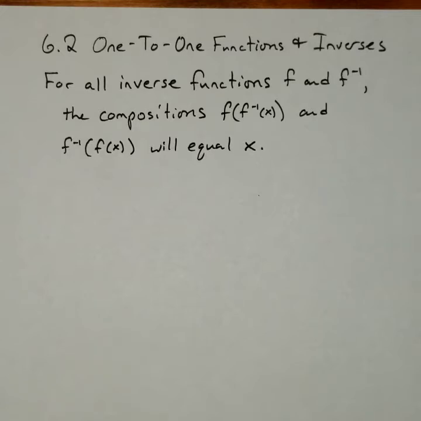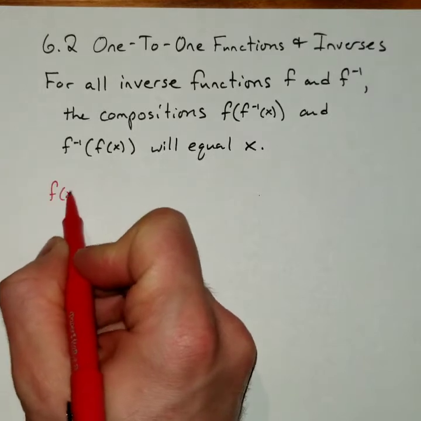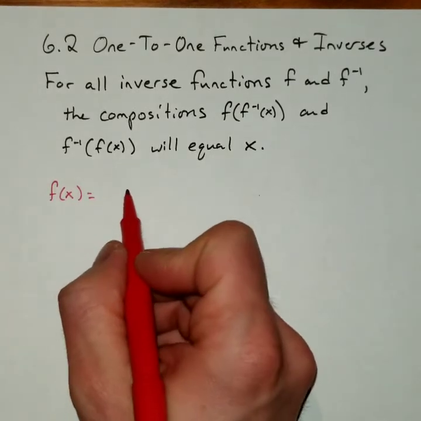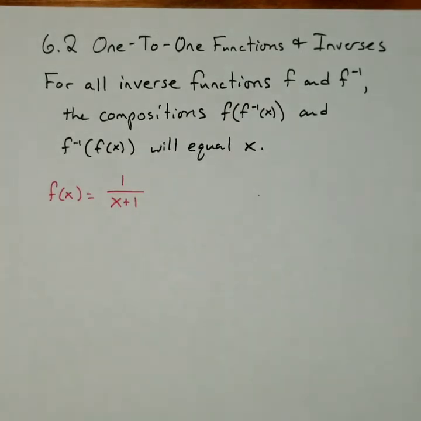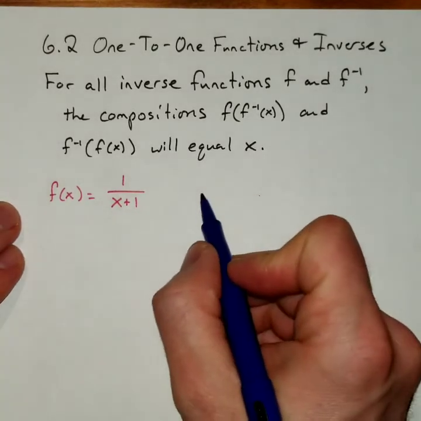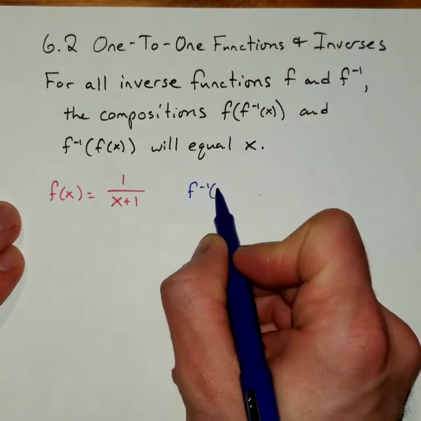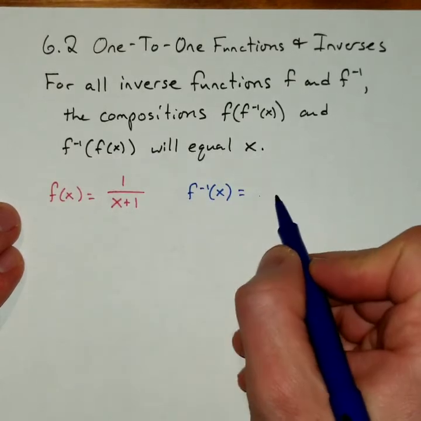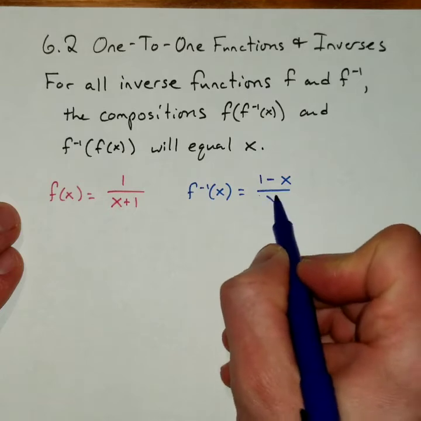One of the examples I showed you was the function f of x equals 1 over x plus 1, and the other function was, now I used g of x at the time, but it turns out it's the inverse, so I'll use f inverse, 1 minus x over x.